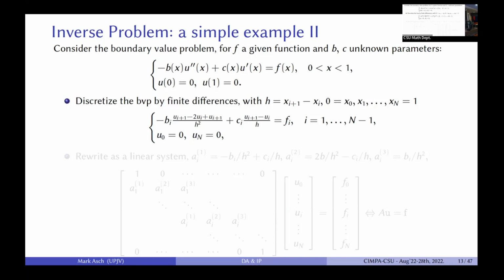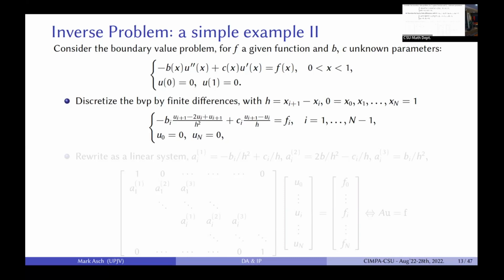So we have a simple discretization. Maybe you've seen this, I hope you've seen this. These are just approximations. We take the limit when h goes to 0 of u at x plus h minus u of x, divided by h. We know that tends to the derivative, and that's the approximation of u prime. Each finite difference is an approximation of a derivative in the limit when h goes to 0, but we don't let h go to 0.